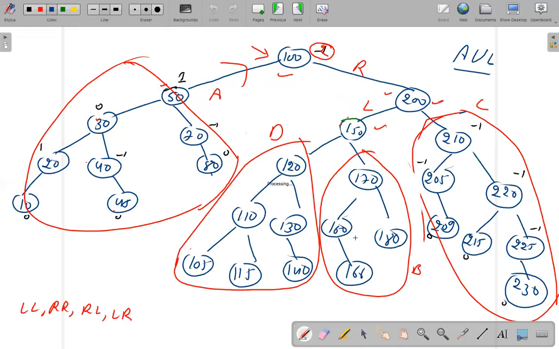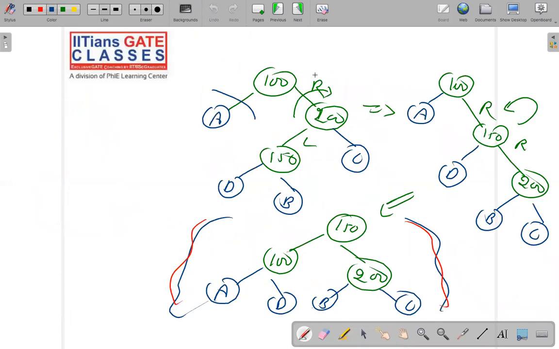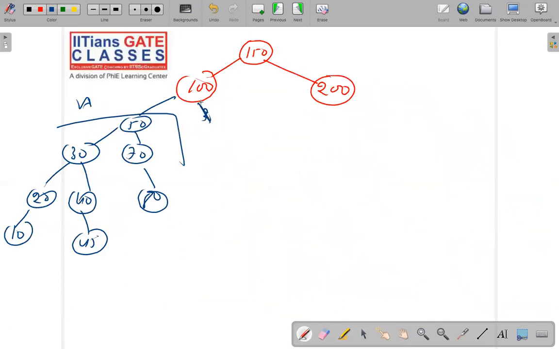So now what's happening here is this D was the left child of 150 and we made it the right child of 100. Sorry, not 150. 120.